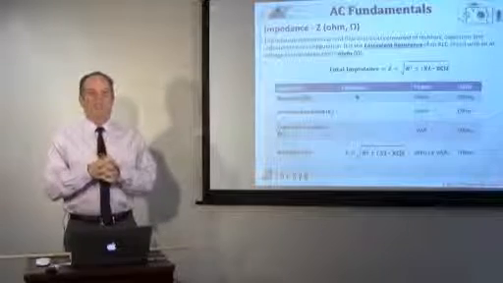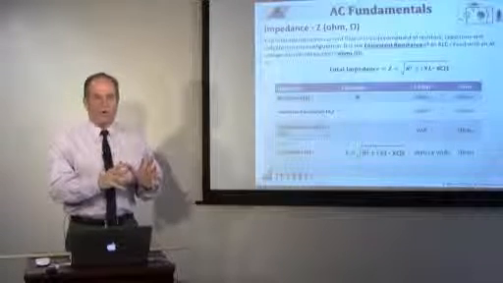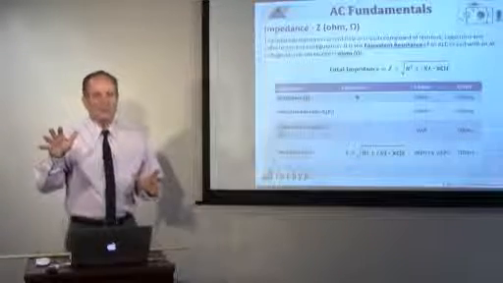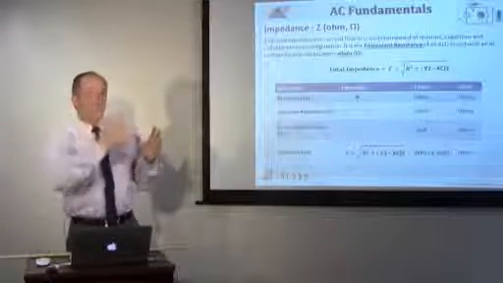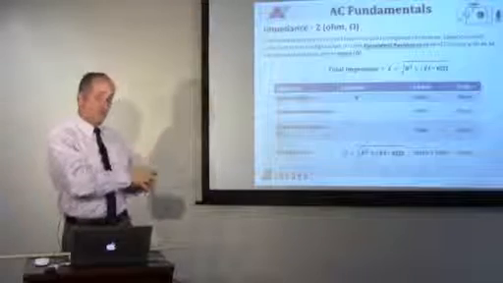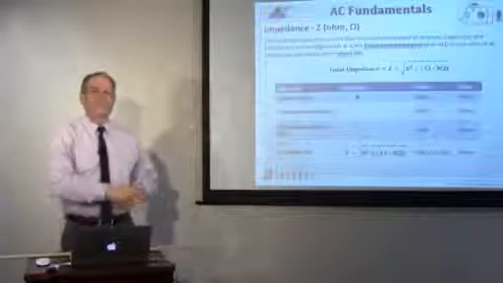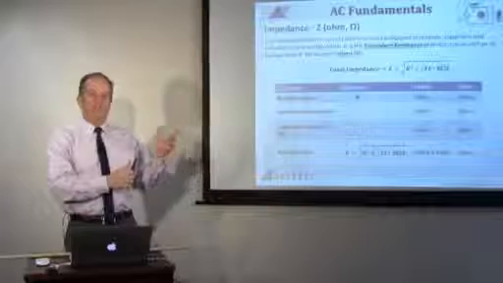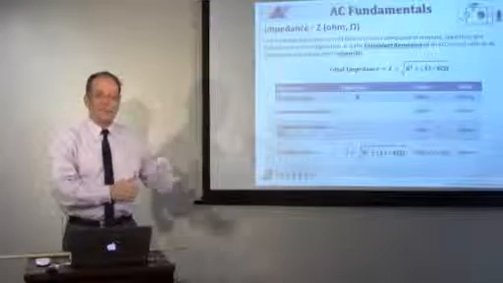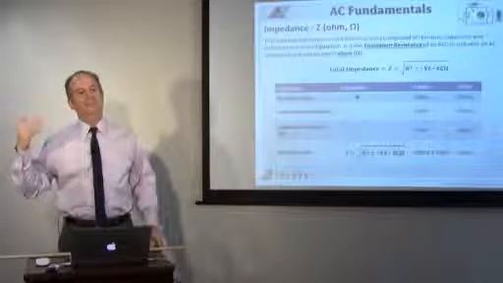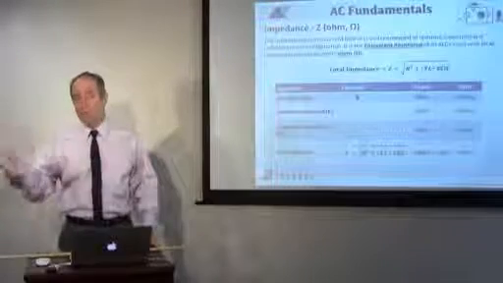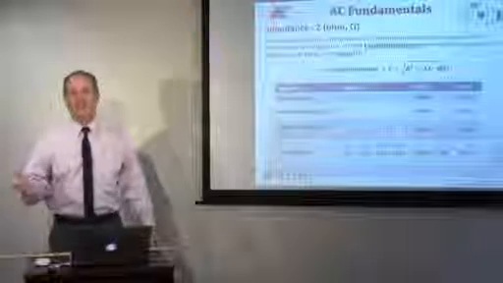All the watts have to add up. You have all the generation of watts, you have all the watt losses in the lines, you have all the watt loads. All the watt loads and the watt losses must equal the watts generated. Same with VARs. The VARs generated, whether they come from generators or from capacitor banks, must equal all the VARs consumed, which would be coils and transformers and those types of things.